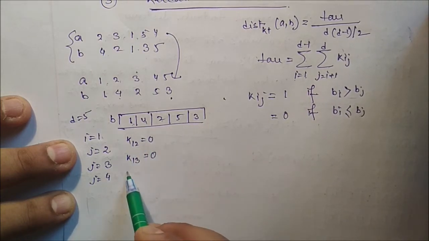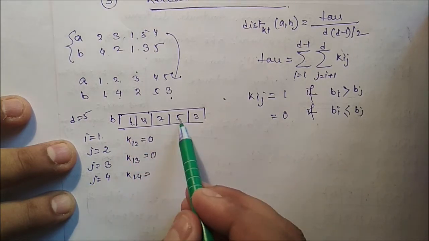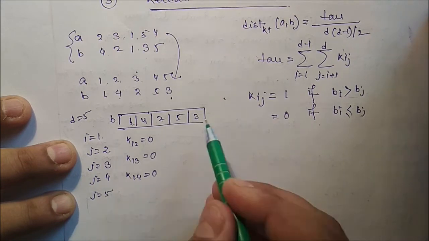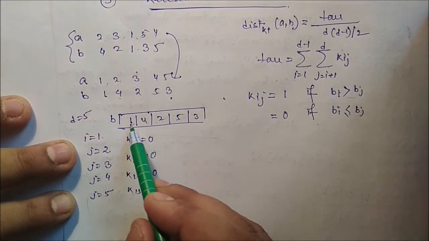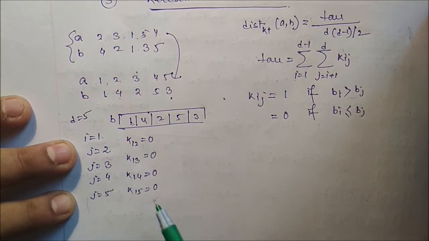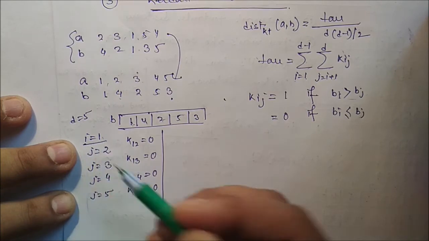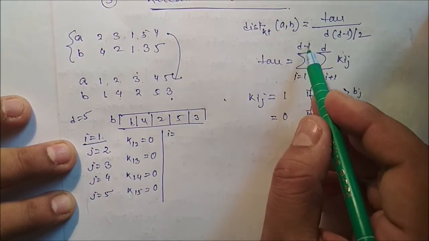Here also K14: this value is less than this value, hence it is 0. j equal to 5, K15: this value is less than this, so it is 0. That completes i equal to 1. Next we have to move up to D minus 1.